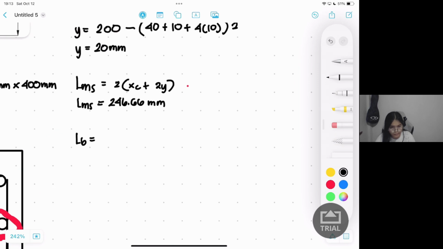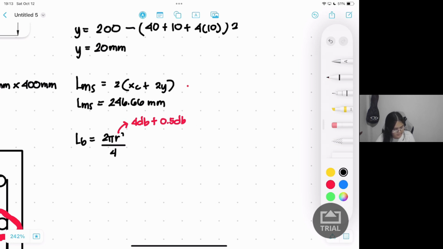So, paano natin kukunin? 2 pi r prime, yung circumference ng circle, divided by 4. Kasi, quarter circle siya. Pero, again, itong radius, itong r prime na yan, yan yung 4 dB plus 0.5 ni dB.